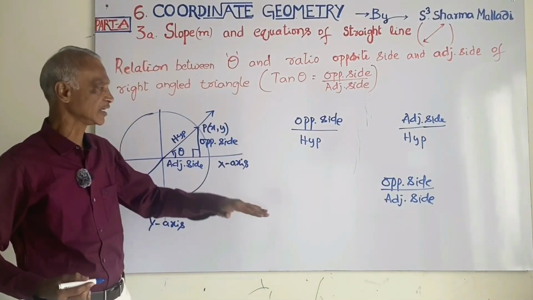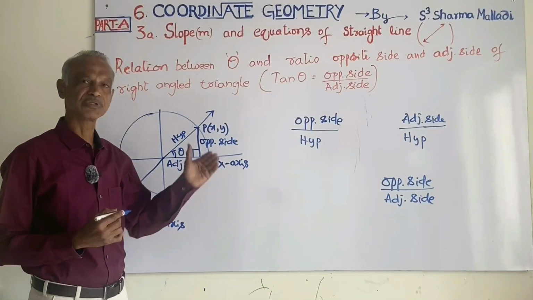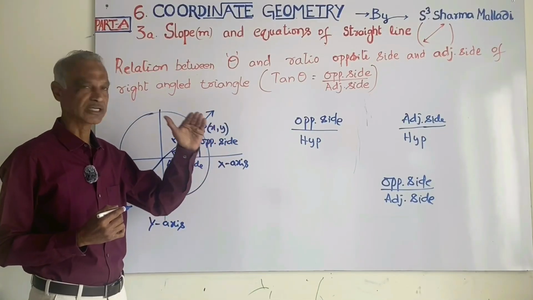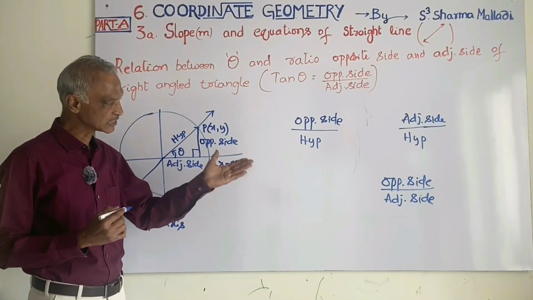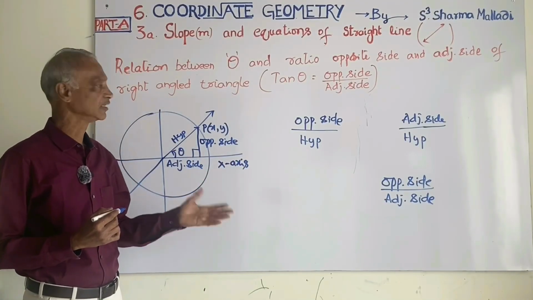Opposite side by hypotenuse, hypotenuse by opposite side, adjacent side by hypotenuse, hypotenuse by adjacent side, opposite side by adjacent side, and adjacent side by opposite side. You will have 6 ratios.